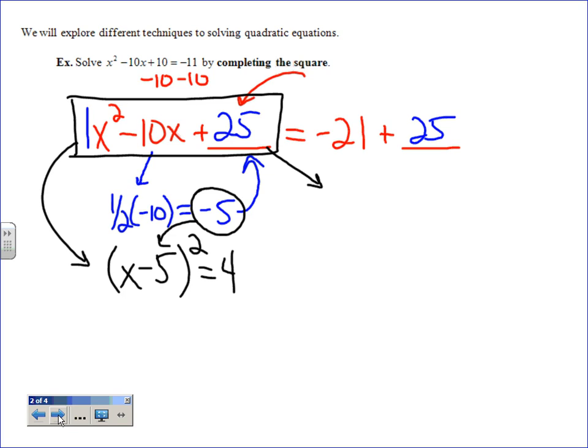So what's probably the first thing we want to get rid of? The square. How do you get rid of it? Square root. Because it undoes it, right? X minus 5 equals, be careful, plus or minus 2. Very good.